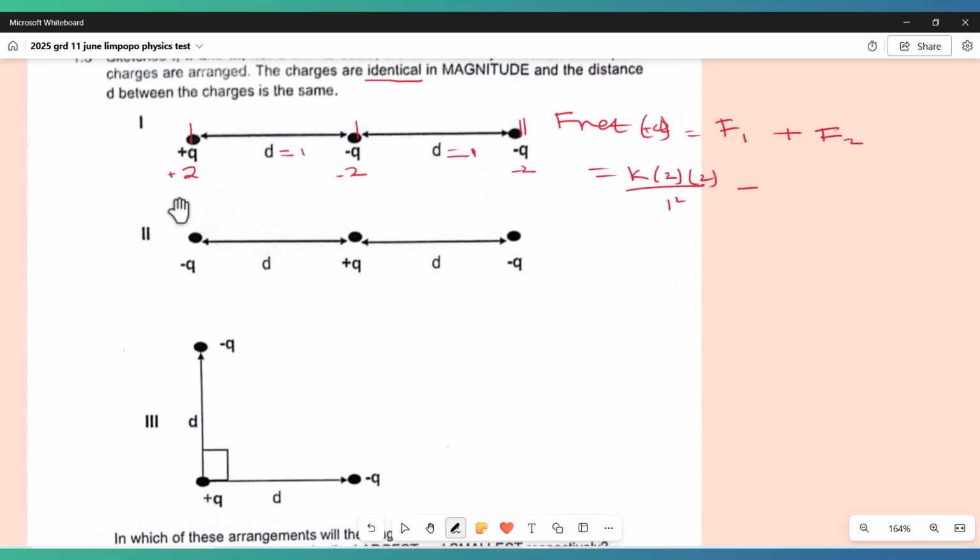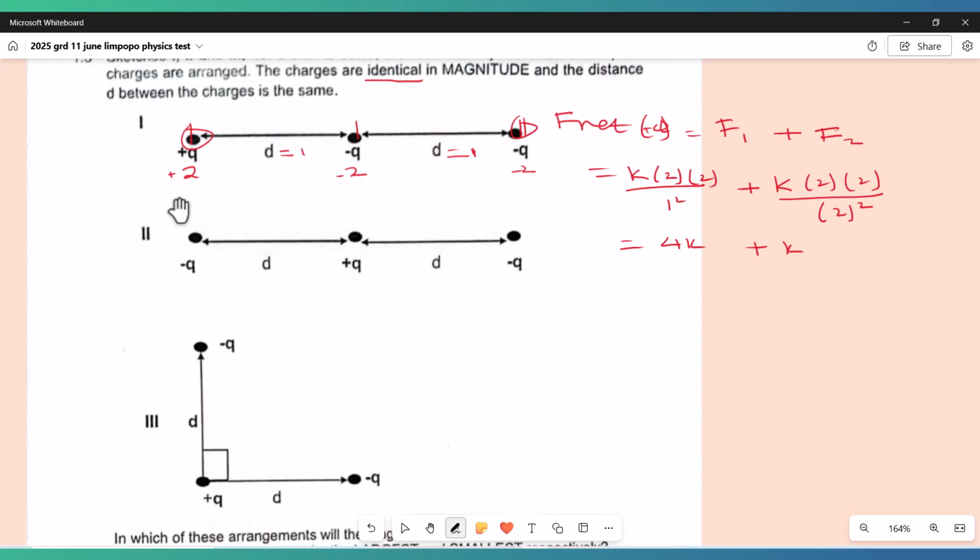Then plus F2, between the positive charge and the next negative charge, which is also K multiplied by 2 times 2. The distance from this positive charge to this other negative charge is 1 plus 1, so 2 squared, which gives us positive 4K, then plus K here.